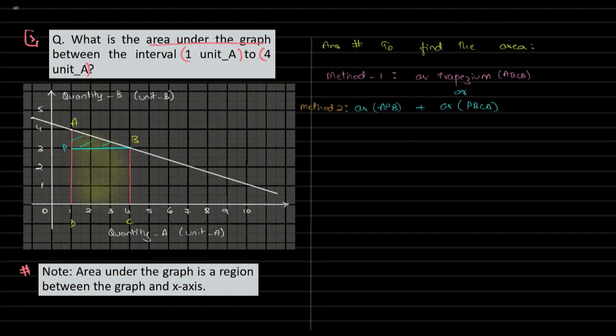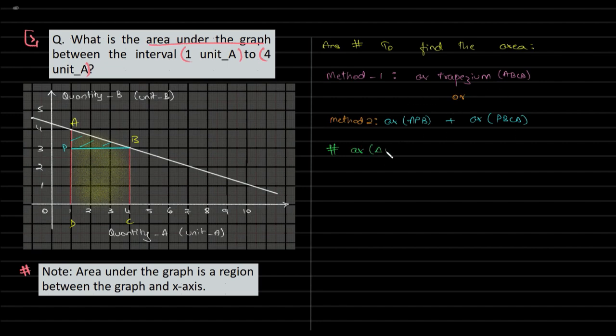So these are the two possible ways. Okay, so let's find the area of this particular structure with the second method.